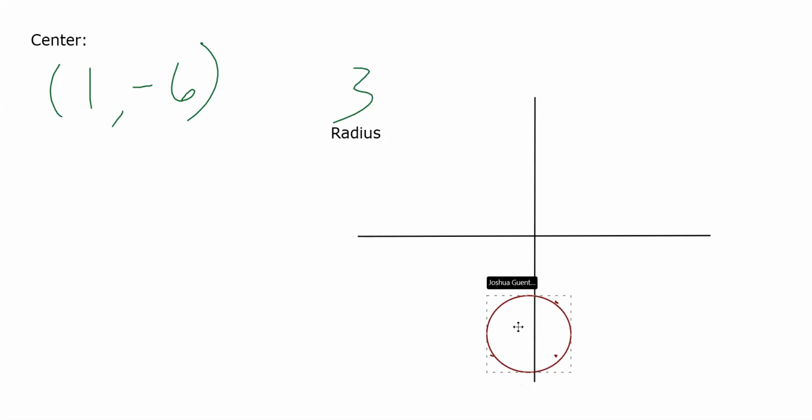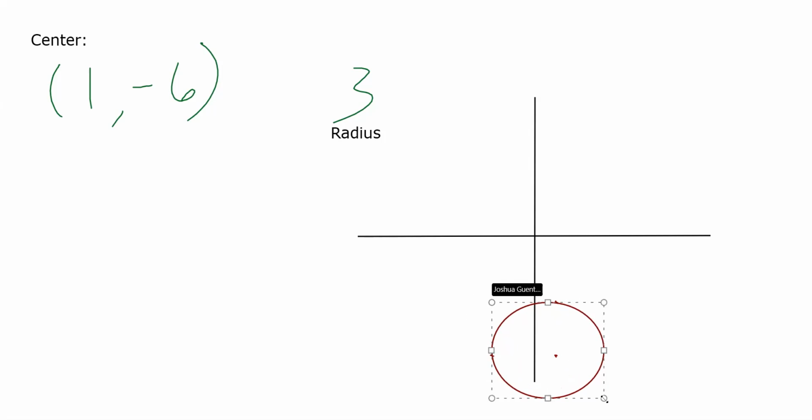Let's see if we can draw an adequate circle. And I make no promises. That's not a horrible monstrosity, huh? That ain't bad. Got a radius of about 3. I'll draw a little line to demonstrate that. So the radius is this.